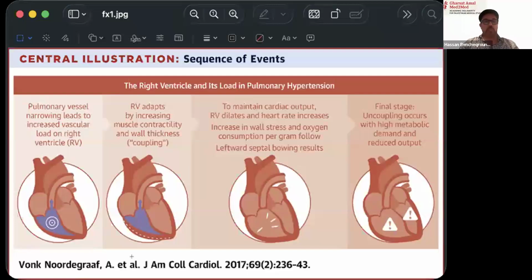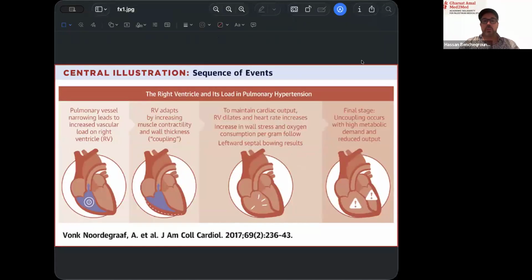So if you look at pulmonary hypertension and what it does, pulmonary vessels narrowing leads to increased vascular load. So it just increases the pressure in the right ventricle. How does the right ventricle adapt?